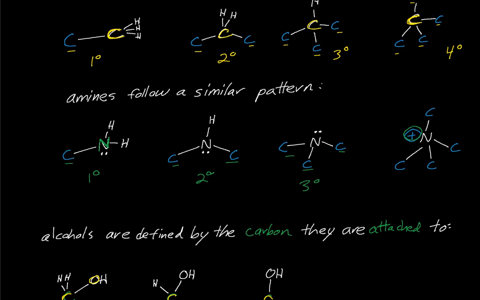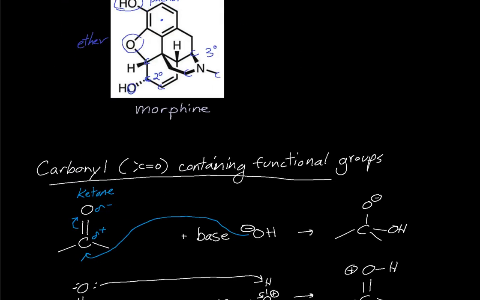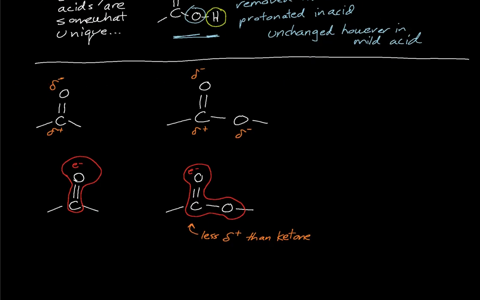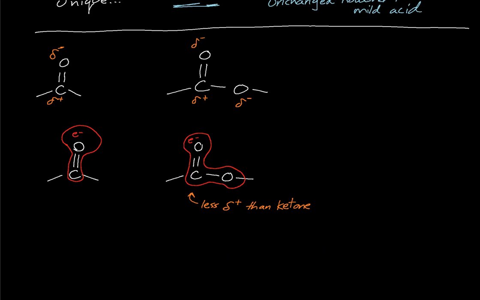Remember the bonding structure of, say, a ketone or an ester, where the inductive effects are, where the electron density typically lies. So if you write, as I did at the bottom, the electron density in red, a ketone is much more polarized.